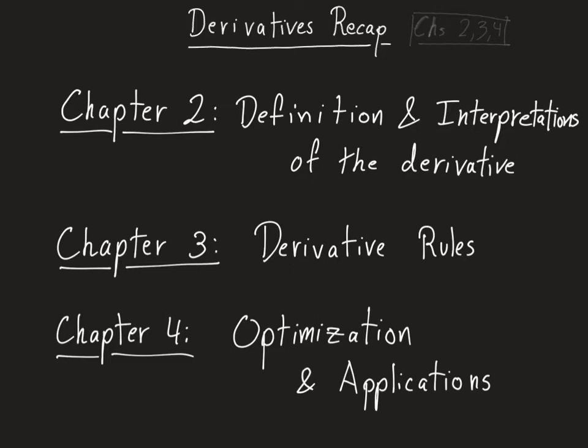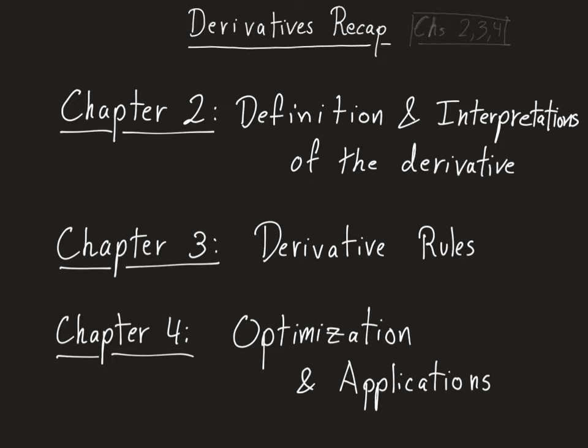In chapter 3, we almost exclusively focused on derivative rules. That includes the power rule, the exponential rule, the logarithmic rule, the product rule, the quotient rule, and the chain rule. In chapter 4, we went over various applications of derivatives, specifically focusing on optimization.